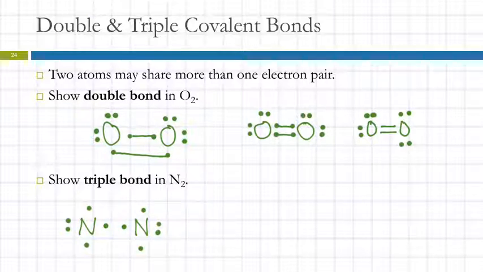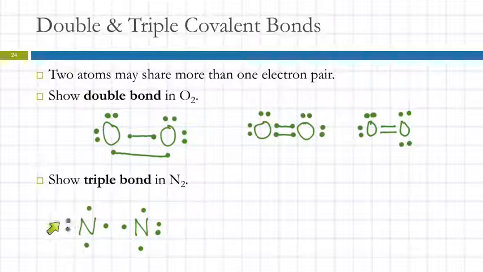Now, there's a pattern here that, if you recognize it, can help you as you're doing Lewis structures. When I drew the oxygen atoms, how many unpaired electrons did it have just in the atom's Lewis structure? There were 2, right? This one and this one. And it ended up making 2 bonds. The chlorine atoms had 1 unpaired electron in their Lewis structure. They ended up making 1 bond.